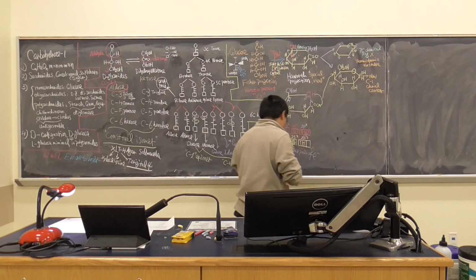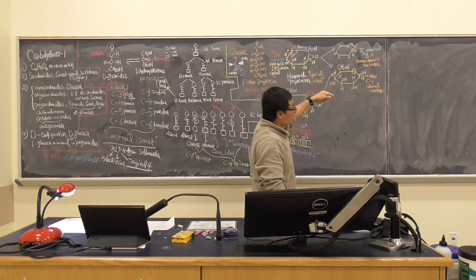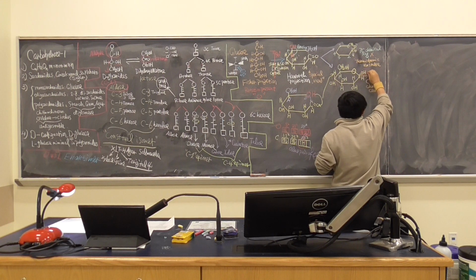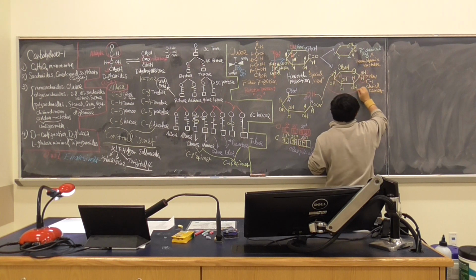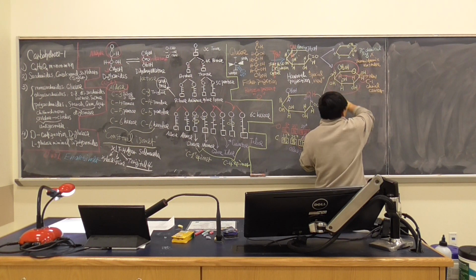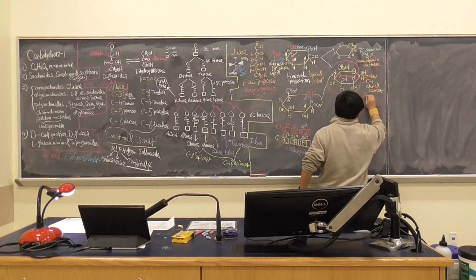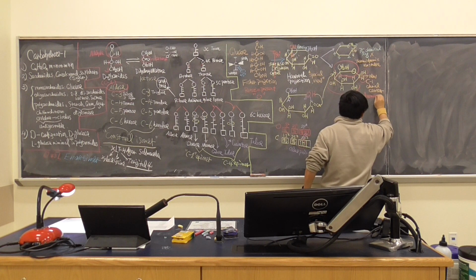What this means is, after this reaction, you will have a new carbon center. Remember, this is one section, this is another section, and another section is right here. That's why it's a new carbon center, and we also call it the anomeric carbon.